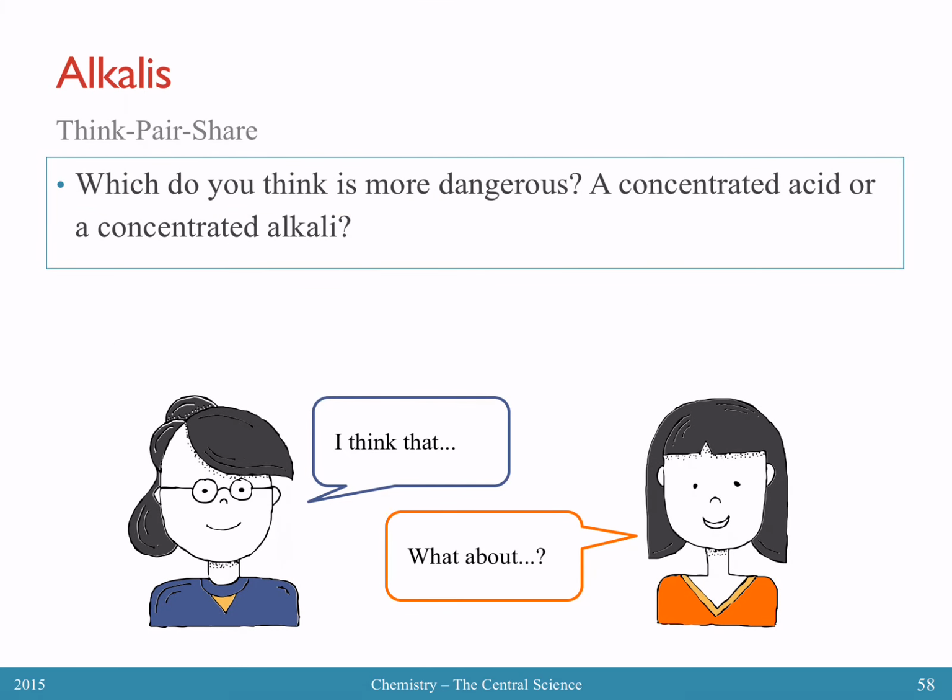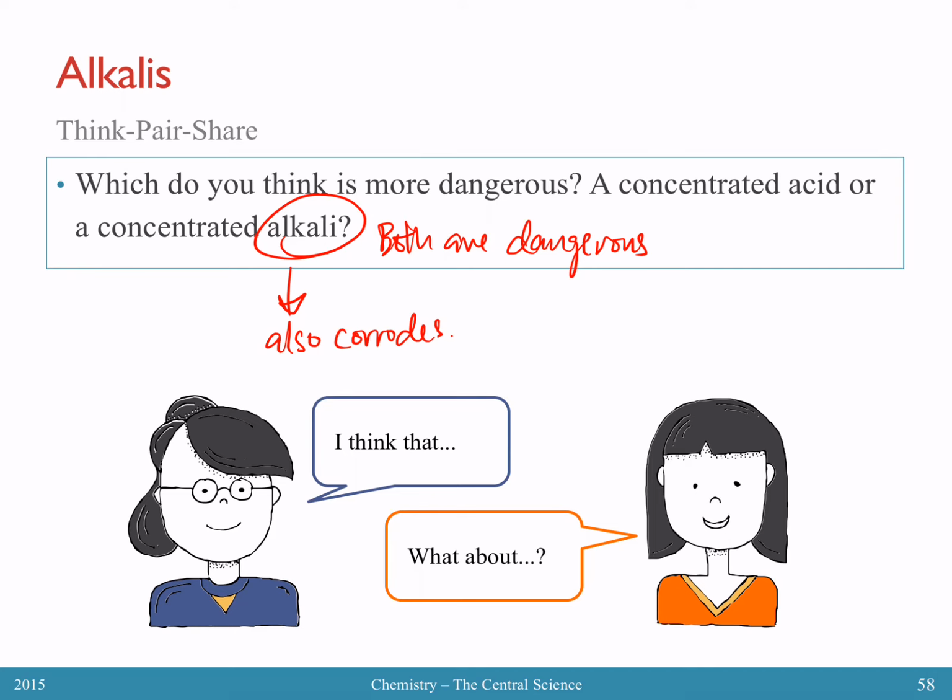Okay, so what do you think is more dangerous, a concentrated acid or a concentrated alkali? The answer is actually both are dangerous. As I've mentioned in class, alkali also corrodes. They both are corrosive, so they are both dangerous.